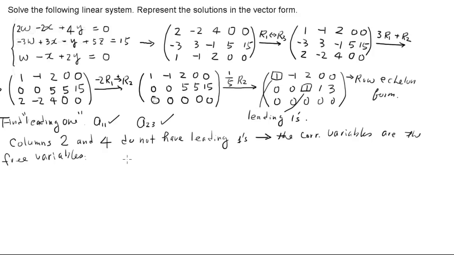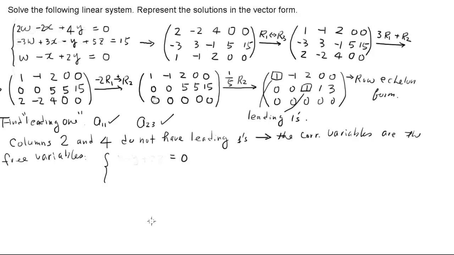So now we turn this augmented matrix back into the system. What we have over here is something like this: x minus y plus 2z is equal to 0. Oh, it's wrong. Let's do it over again, because the first one isn't x, the first one is w.